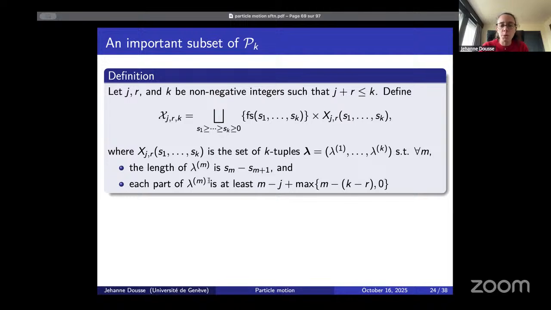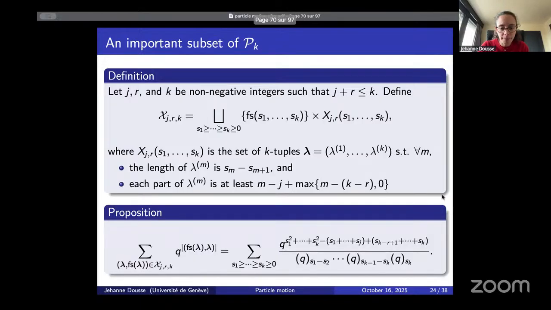We say that each part in the partition lambda_m must be at least equal to some particular value that we give. This value was chosen so that it will work well to prove our identities. So we just add a minimal value of the parts, and that's it. And what we show is that the generating function for the partitions in this new set X_{j,r,k} is the following.